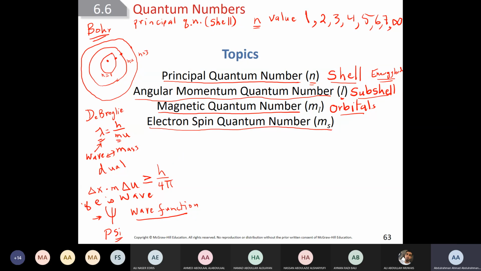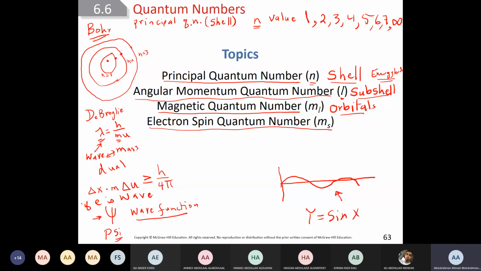What do I mean? If you have another wave like this one, as we said last time, then what's the equation? What's the wave function for this wave? Y equals sine x.